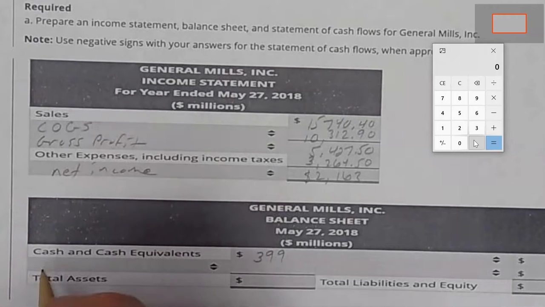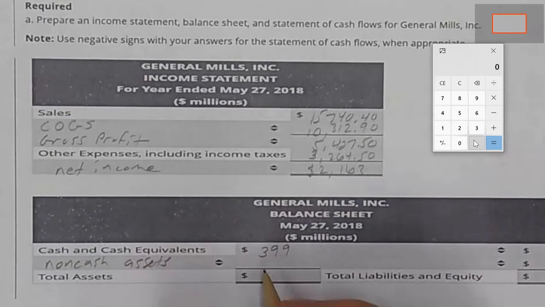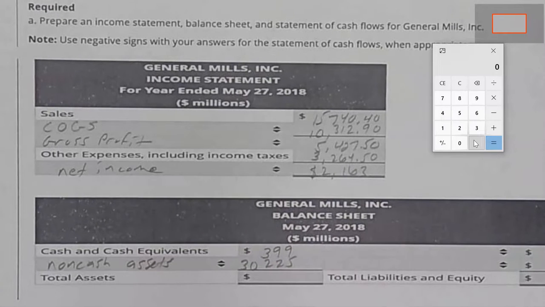So let's go ahead and write down non-cash assets, and that is 30,225. And then we can calculate total assets.